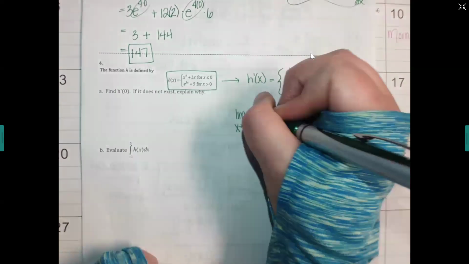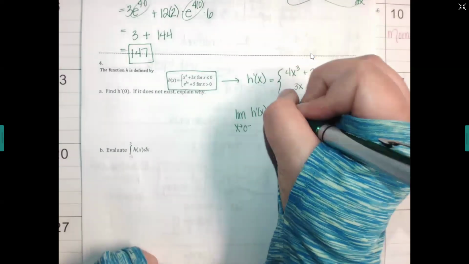Okay, now, in order for this derivative to exist, the derivative has to be the same on both sides. So I'm going to check the limit from the left, and the limit from the right, and make sure that they equal each other. So write down limit as x approaches 0 from the left on h prime.